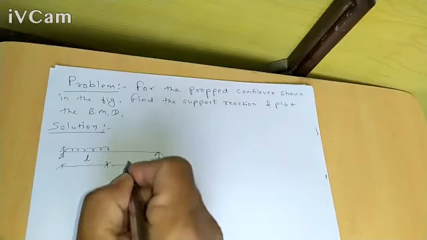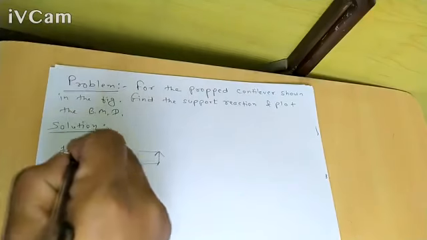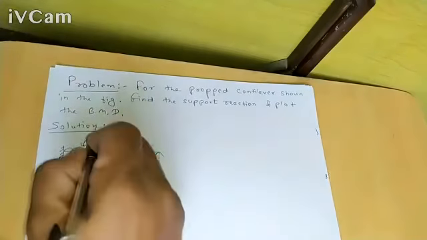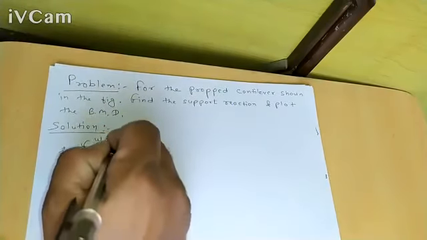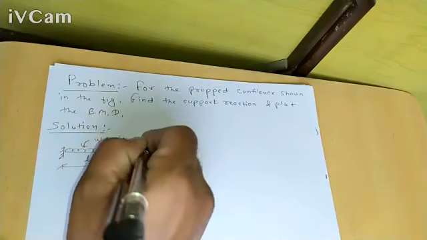So this is L, this is also L, and this is W per unit length.